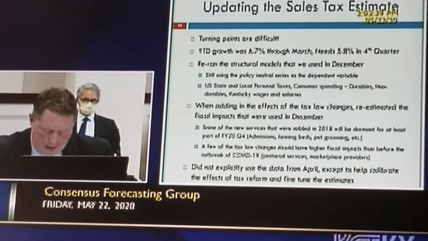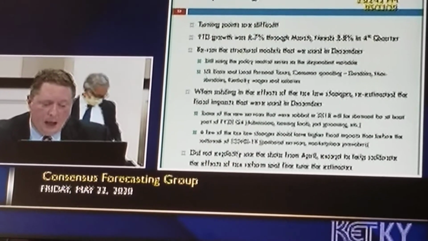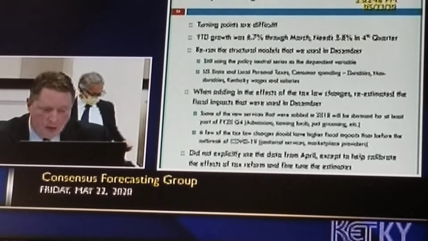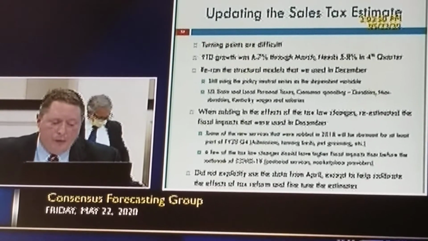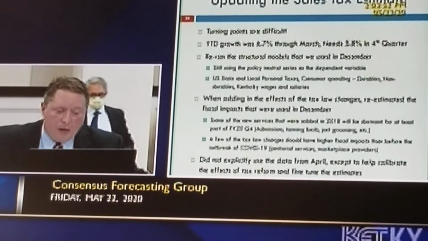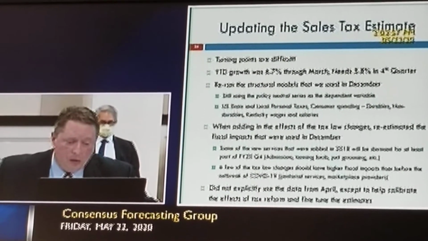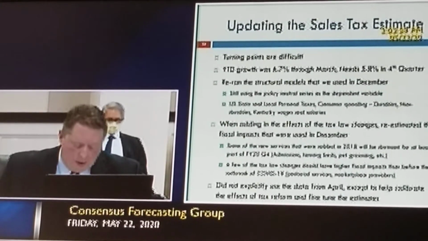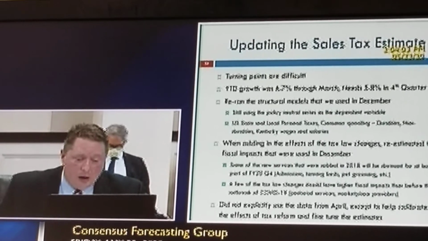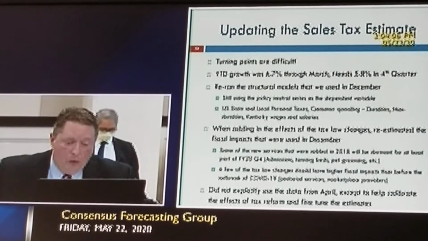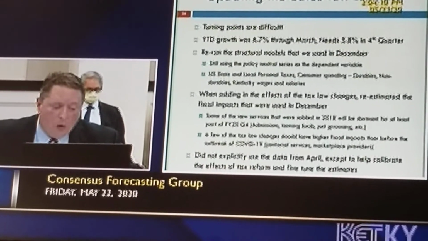But what we did in December, the add backs have changed, because remember the add backs were for the expansion in tax reform, which were mainly an expansion of the services that we taxed. And a good number of the services that were added in 2018 were dormant for a good part of the fourth quarter of fiscal 20.